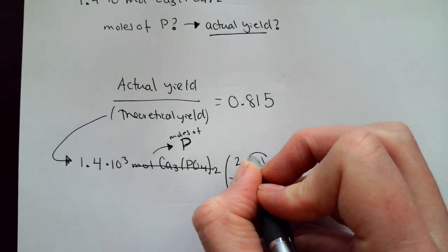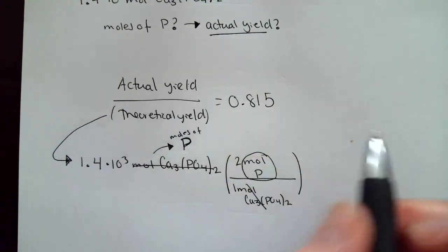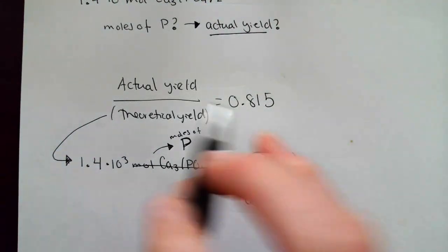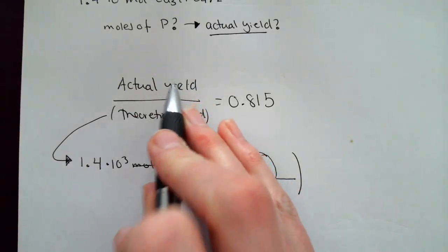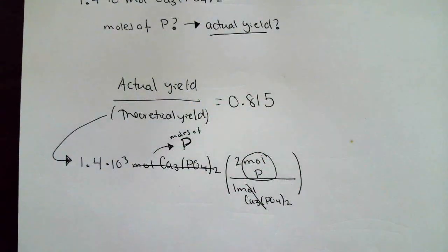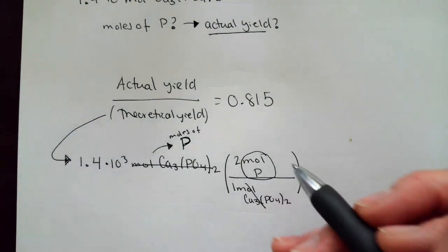And then you ask yourself, am I where I need to go? I needed to find the theoretical yield of phosphorus. And if you're talking about the same thing, so theoretical yield of phosphorus and the actual yield of phosphorus, you can use moles, because that is just the amount of a substance.